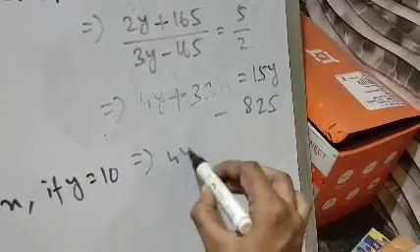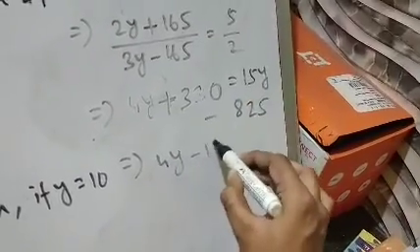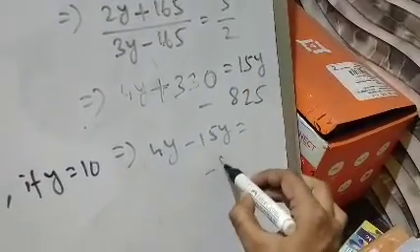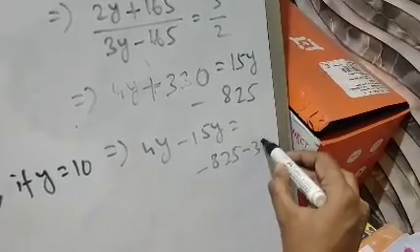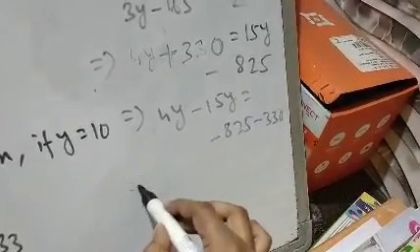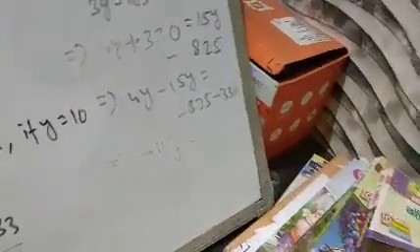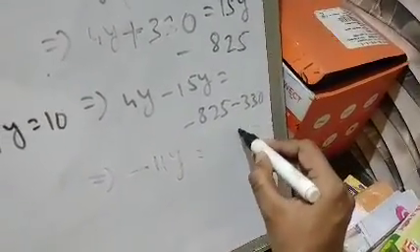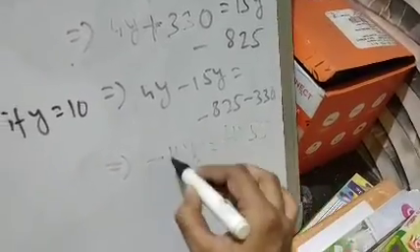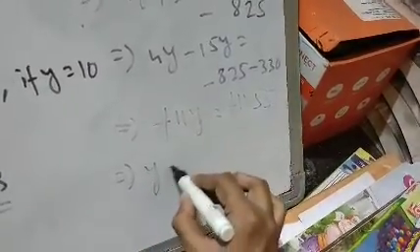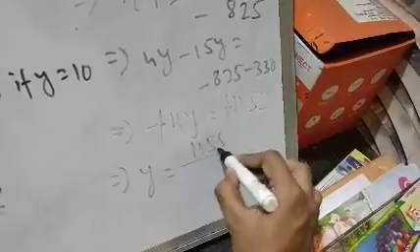Now interchange, 4y minus 15y equals minus 825 minus 330. Therefore it is minus 11y. So 5 8 is 13, minus minus will cancel, so y will be 1155 divided by 11.